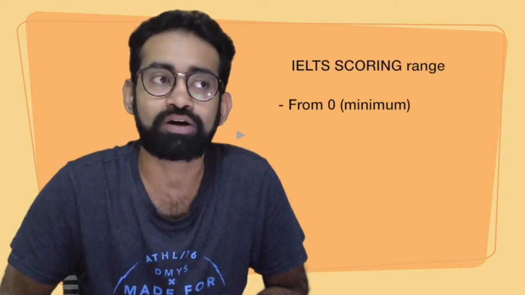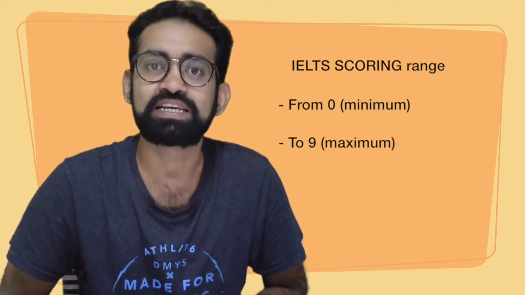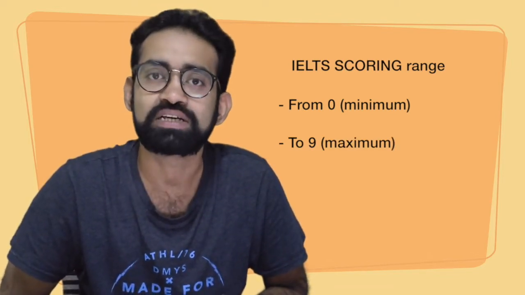IELTS has a band scoring of 0 up until 9. Most of us here are looking for a band score ranging between 6.5 and 7, or possibly more than 7. This video is specifically going to discuss band 6 and 7, or to be more precise, it will be comparing the difference between band 6 and 7.